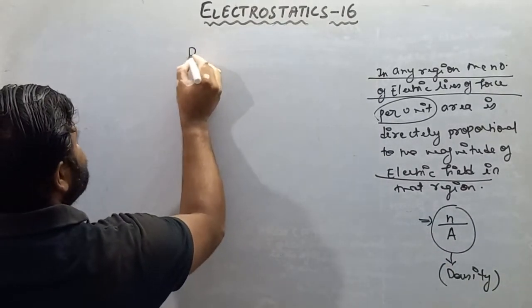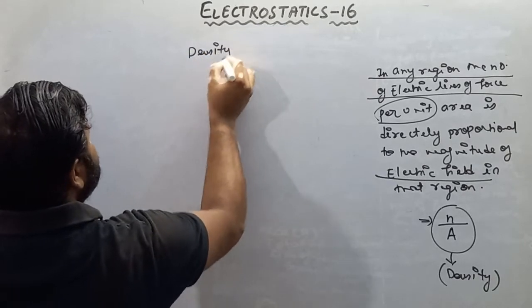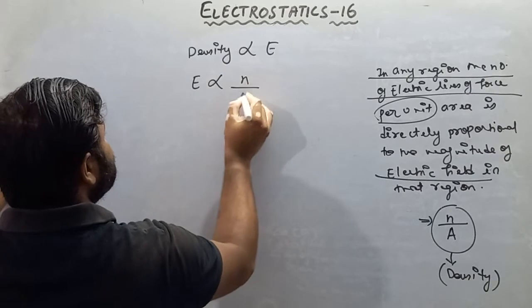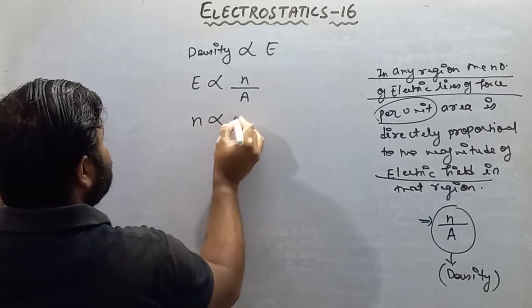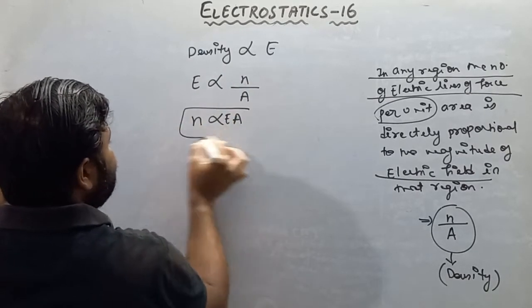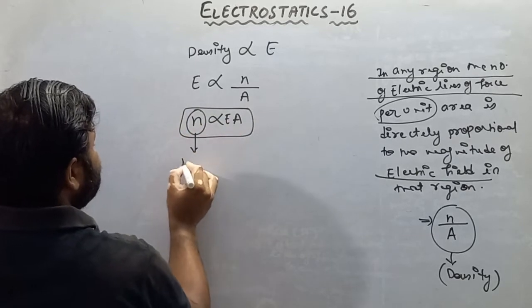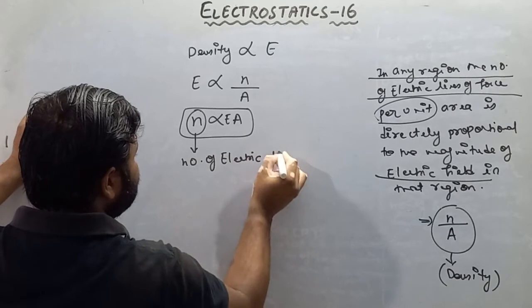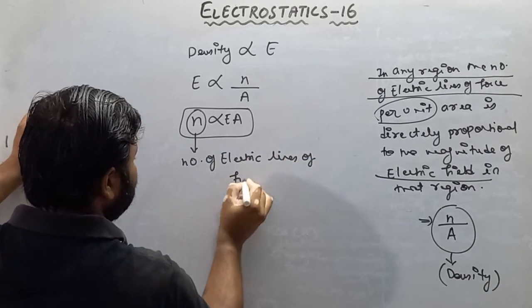So density is proportional to electric field, or we can say E is proportional to N by A. So N is proportional to EA. This N is basically the number of electric lines of force.